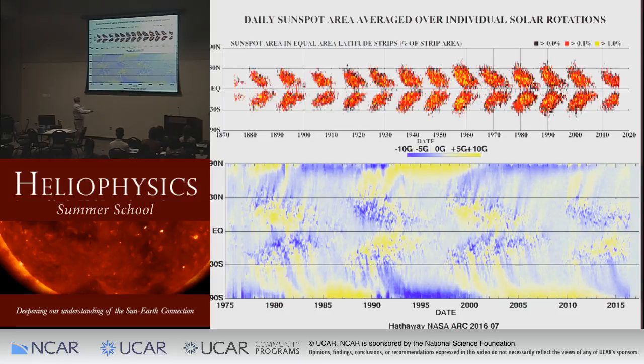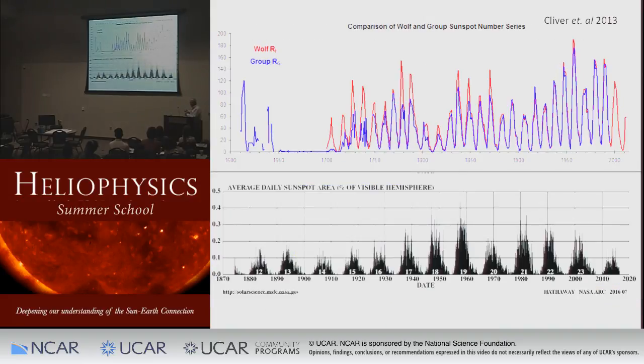Of course, this is only from 1975 when we had this kind of data. You'll see that the magnetic field of one sign and the magnetic field of the other, here it's done as blue and yellow, and the butterflies, and then the appearance of magnetic fields close to the poles. That's just a byproduct of this, having to have this large-scale field dominated by the dipole.